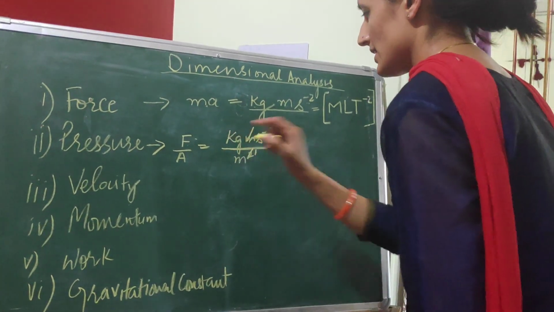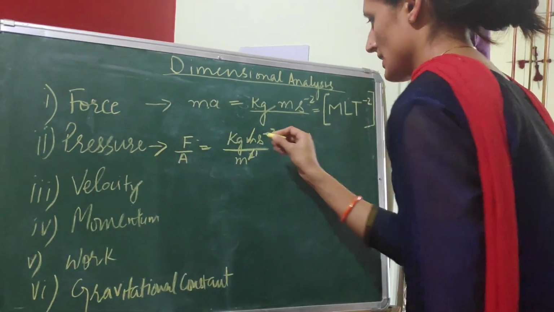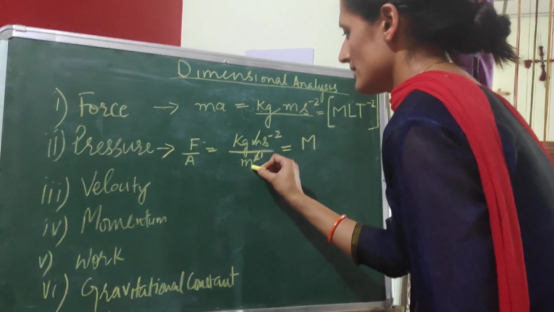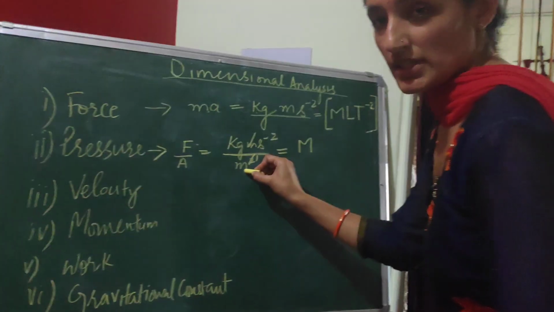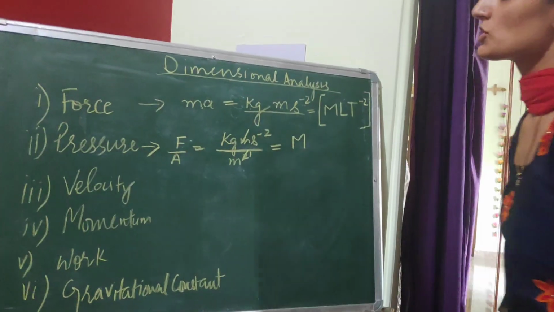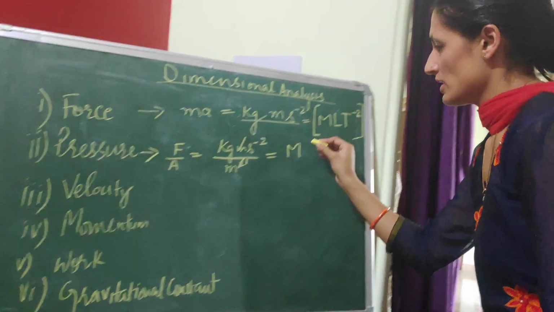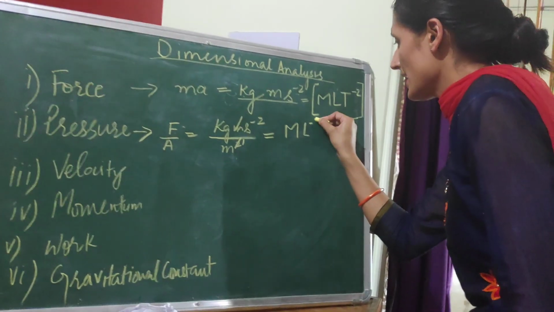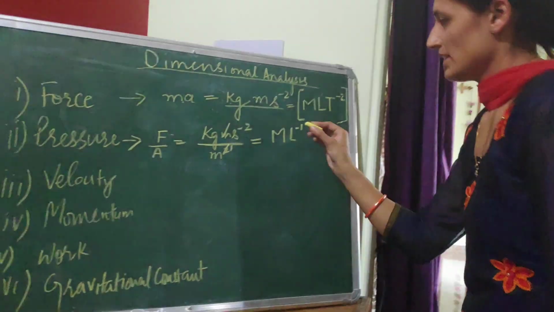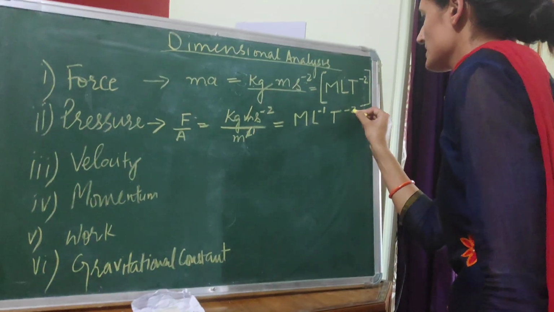What else is left? Kg, and meter. When meter is in the denominator and I take it to the numerator, it will be meter minus 1. So I can write M L^-1 T^-2.